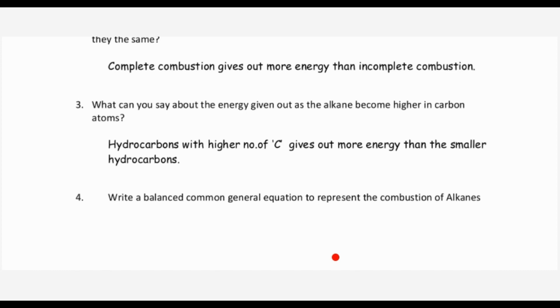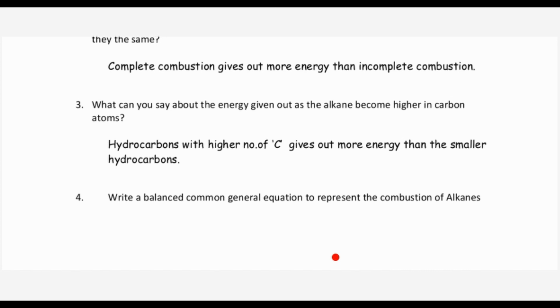Diesel is a long chain fraction, so when you burn diesel, it gives a lot of energy. That's why heavy vehicles use diesel, because it releases more energy. As the number of carbon atoms increases, the energy released will be more. So long chain hydrocarbons release more energy compared to short chain hydrocarbons.